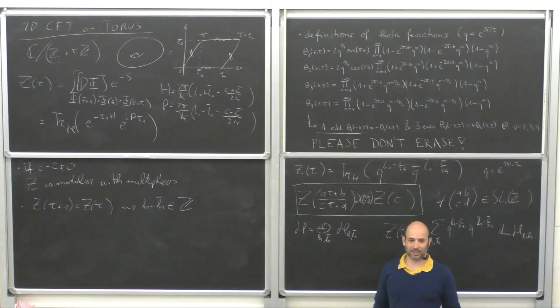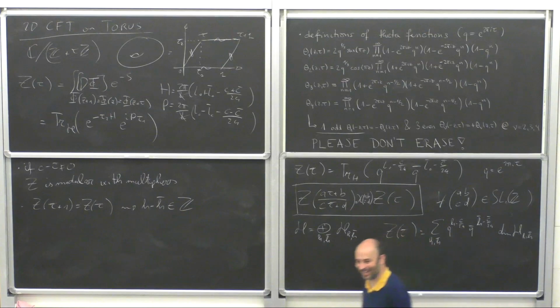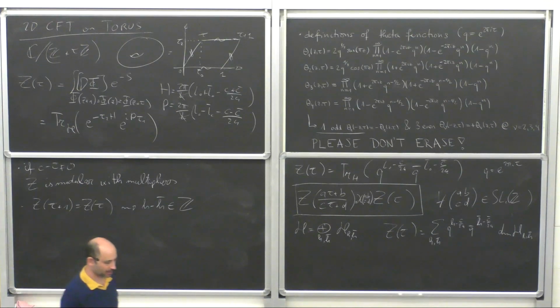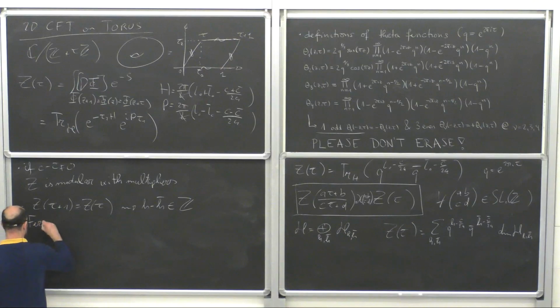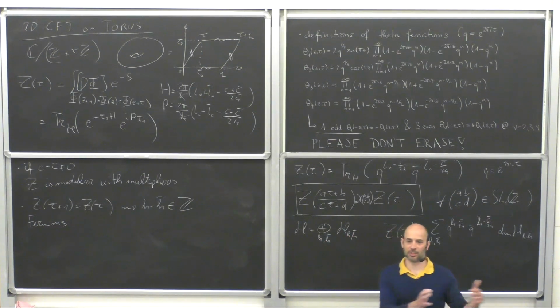Now you might be a bit worried because you might want to have conformal field theories with fermions. This reminds me that I skipped one part, but okay, I will tell you in a moment. What happens with fermions is the following. When you have fermions in your theory, you actually have different sectors of your Hilbert space, as Holly explained yesterday.